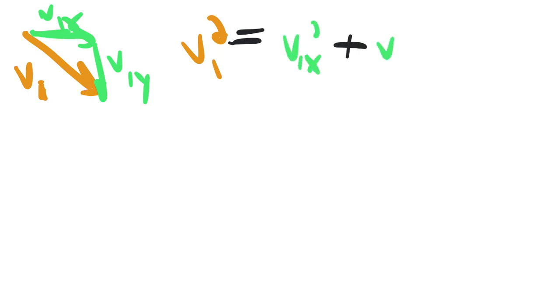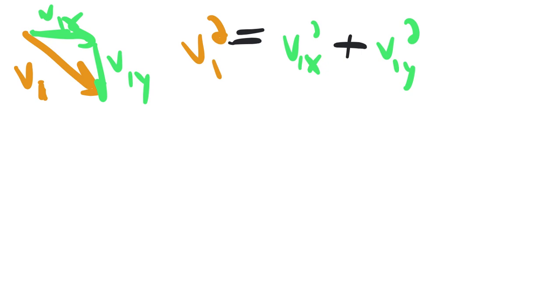So we go back to here and remind ourselves that we want v1, and we were given v1x and v1y. That's pretty easy because v1 squared is going to be the sum of v1x squared plus v1y squared.